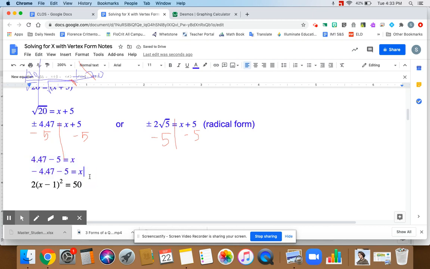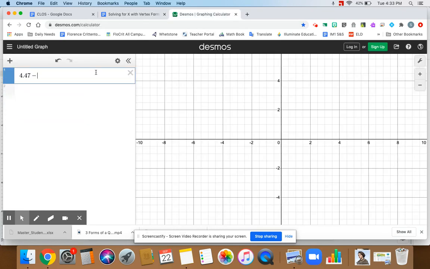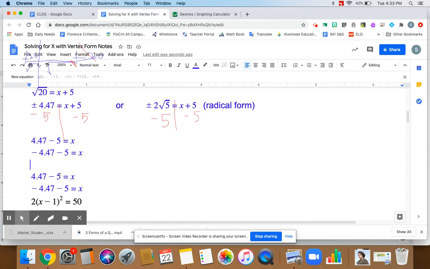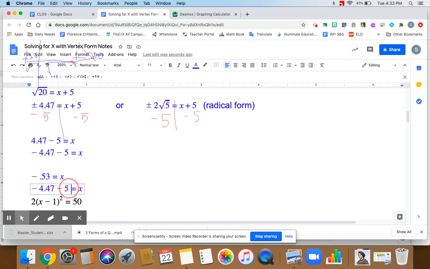And actually, when you solve for x with quadratics, you will always have two answers. So if I do 4.47 and I minus 5, I get negative 0.53. For this one, if this was a negative, then the answer is negative 9.47. So those would be my two answers if I did it in decimal form.